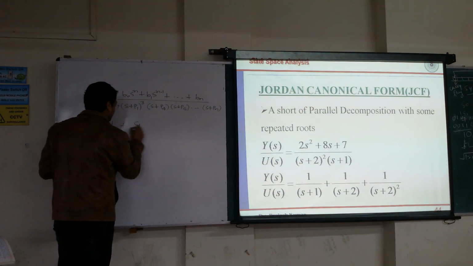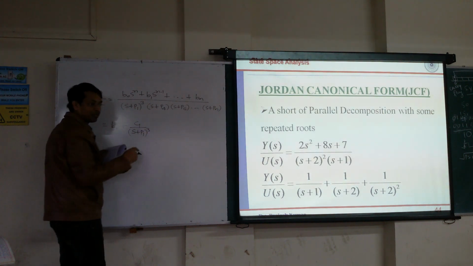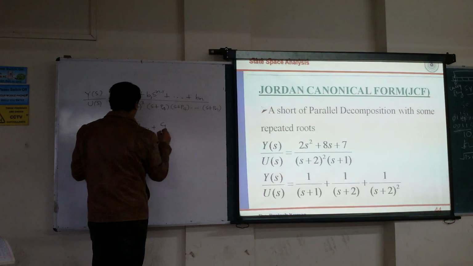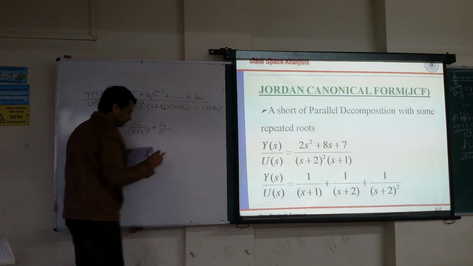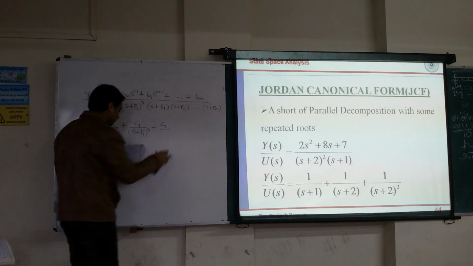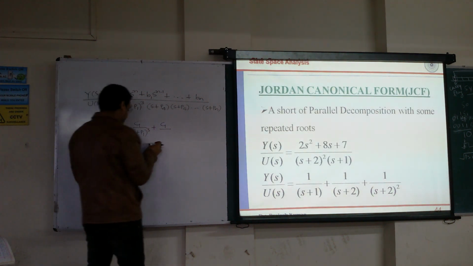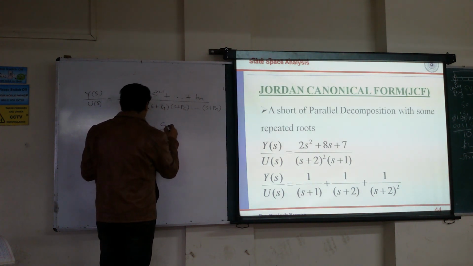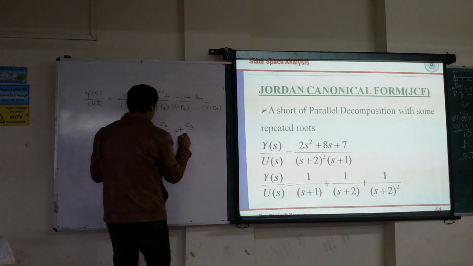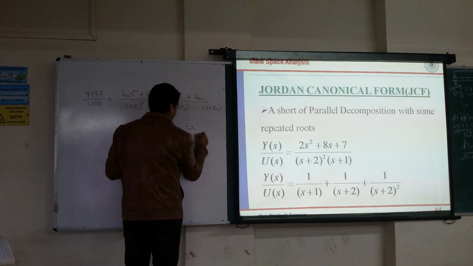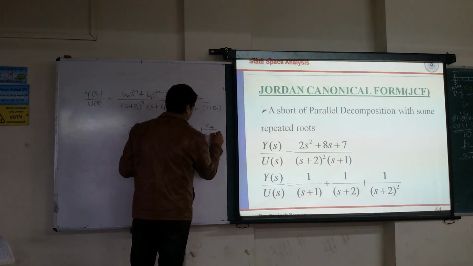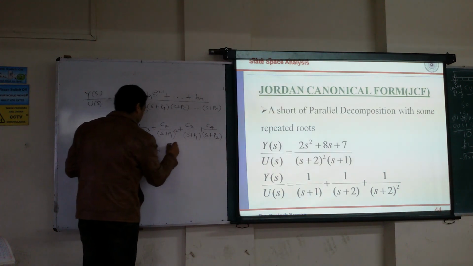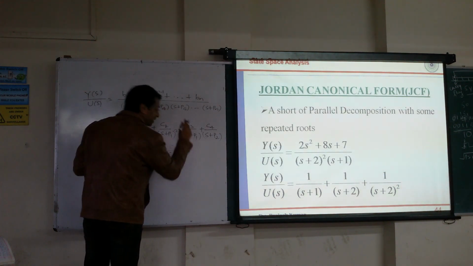Suppose you get C1 over s plus p1 cubed, C2 over s plus p1 squared, C3 over s plus p1, C4 over s plus p2, up to Cn over s plus pn.